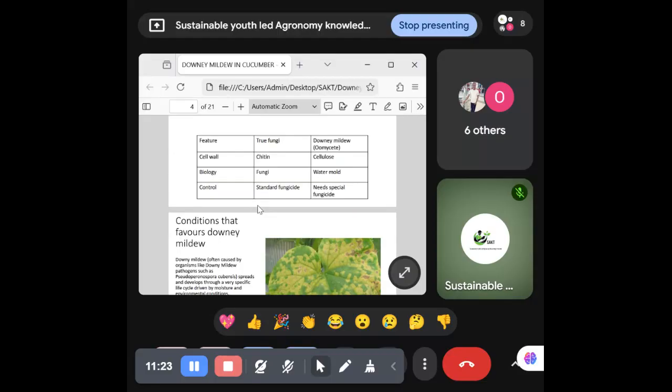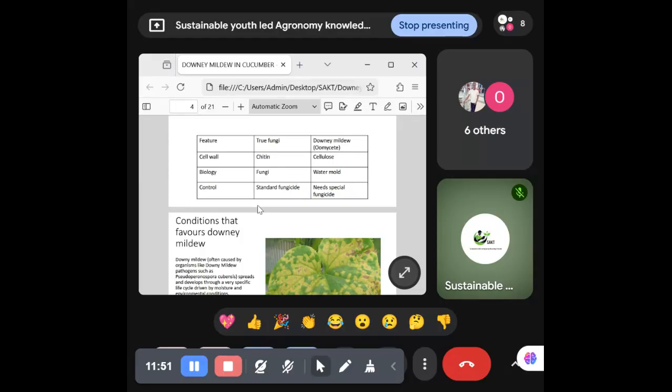For control, if it's a fungus you are dealing with, there is a standard fungicide that you use. But for downy mildew, there is a need for a special fungicide. That's why many farmers will tell you that if you are familiar with outbreaks of downy mildew on your farm, you cannot just walk into the agrochemical store and get any type of fungicide.